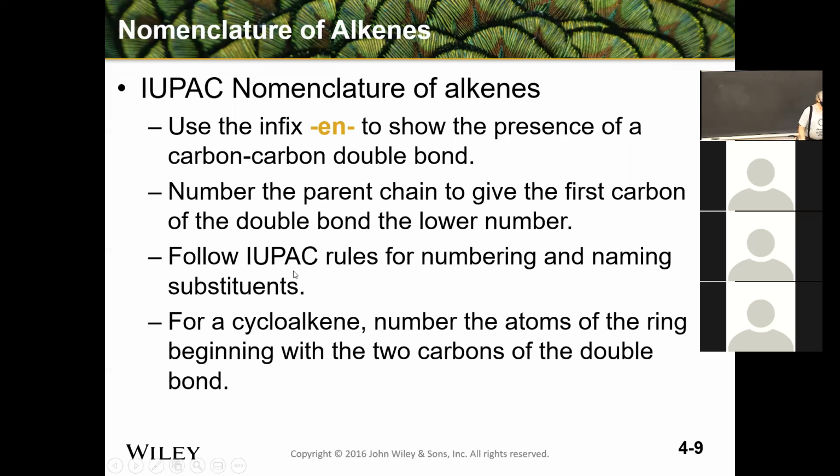But we want to number the chain to give the first carbon of the double bond the lower number. Okay, we'll follow the IUPAC rules for numbering and naming substituents. For a cycloalkene, we'll number the atoms of the ring beginning with the 2 carbons of the double bond.